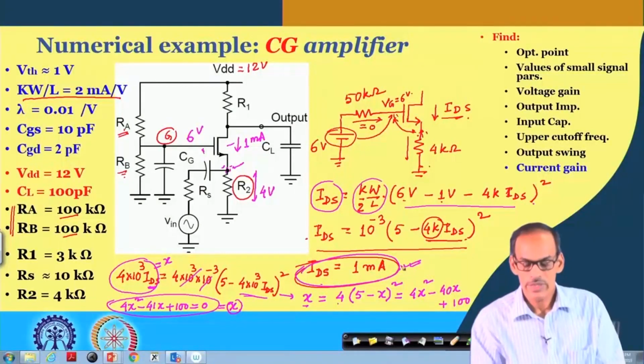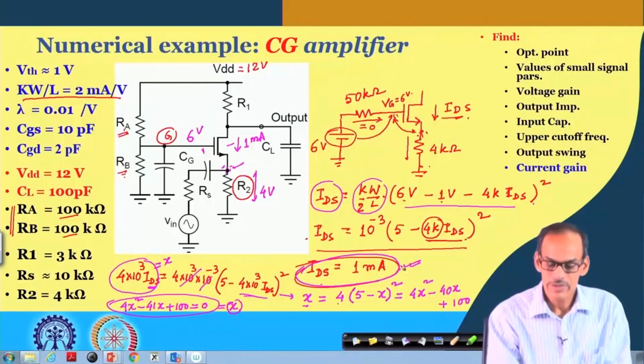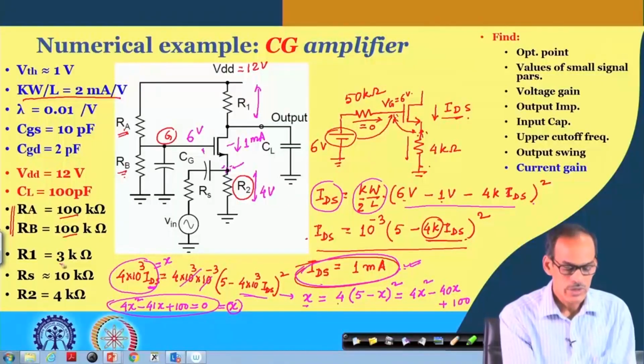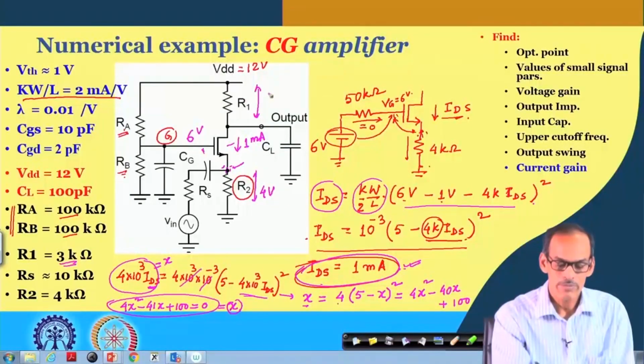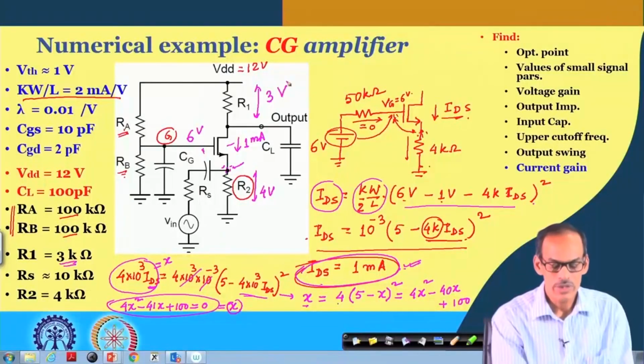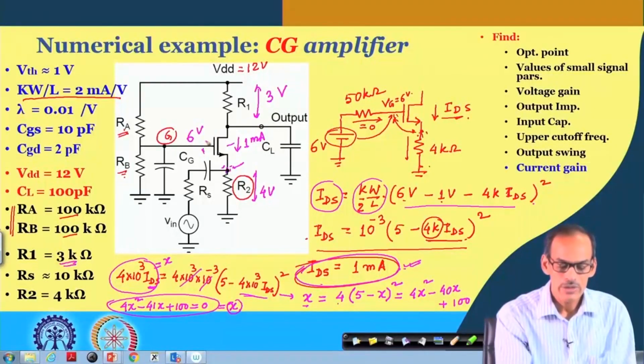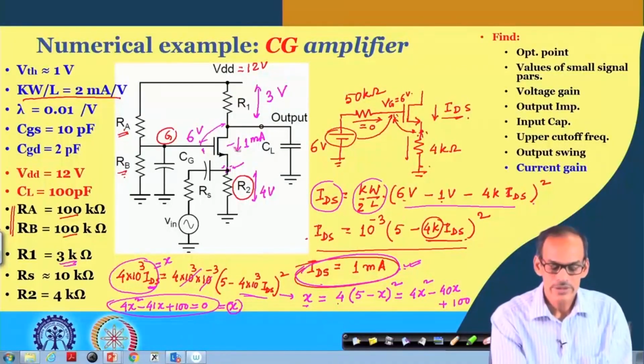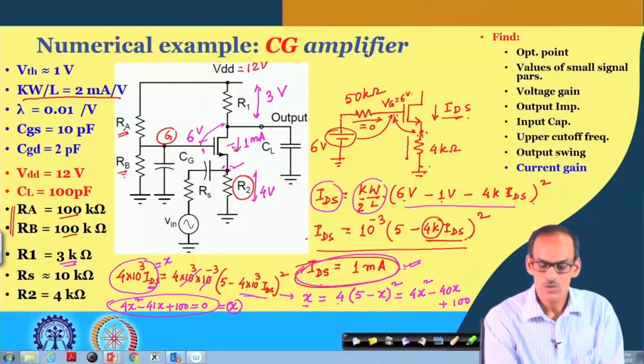So, that is how you can get the IDS, and then the drop across this R1 is 3 kilo ohm multiplied by 1 milliampere. So, that gives 3 volt here, ensuring that this transistor is in saturation region of operation, and hence the circuit is in good condition to amplify the signal.